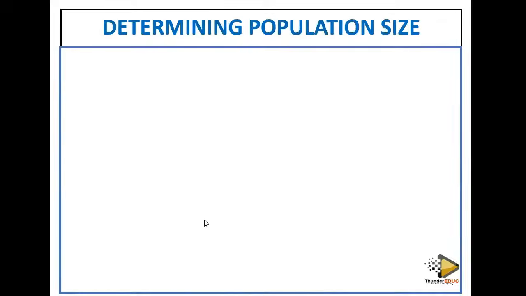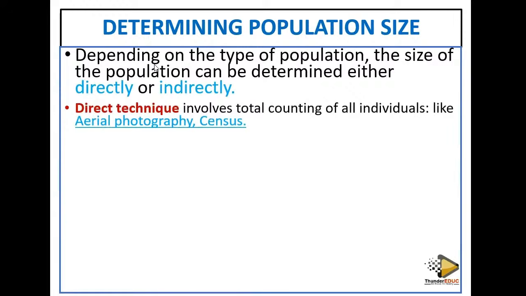And then here we say that determining the population size depends on the type of population, the size of population, and can be determined either directly or indirectly. It depends on whether the organism is too small to be viewed, to be counted directly, or the animal is too big so that you can count them directly, like elephants.